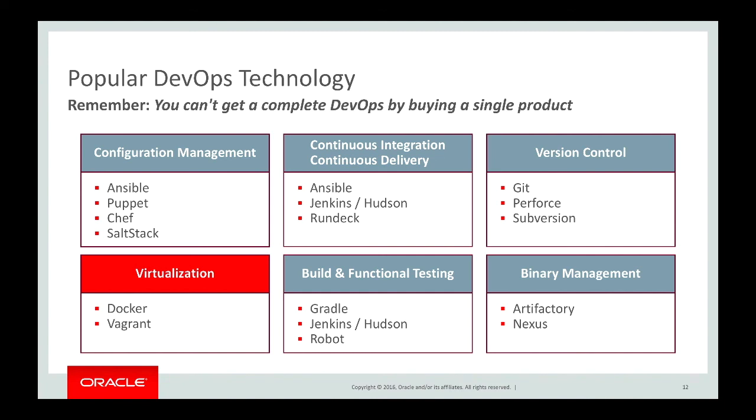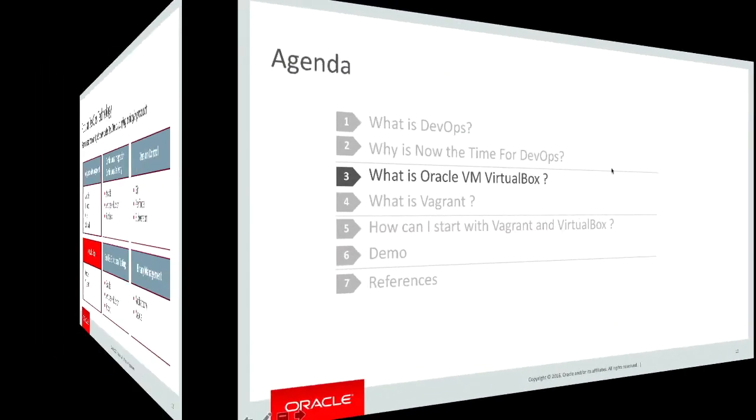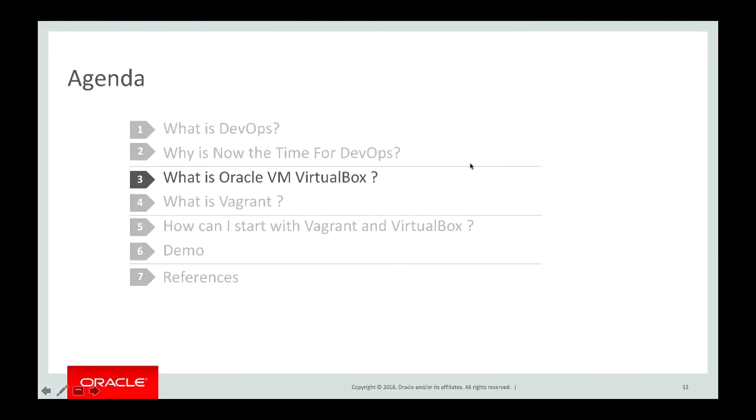Each product gives you automation for a specific section of group of operations, and what we are going to discuss today is something related to the virtualization section with Vagrant and VirtualBox as the base hypervisor. Maybe someone has never worked with VirtualBox, and so I'm also going to give you a brief overview of this product.